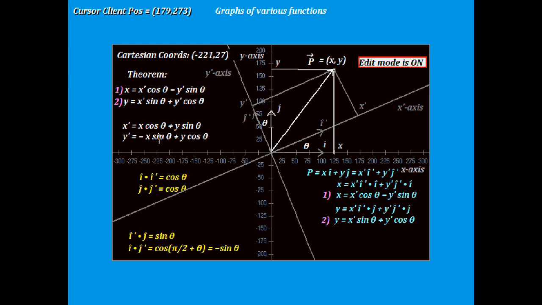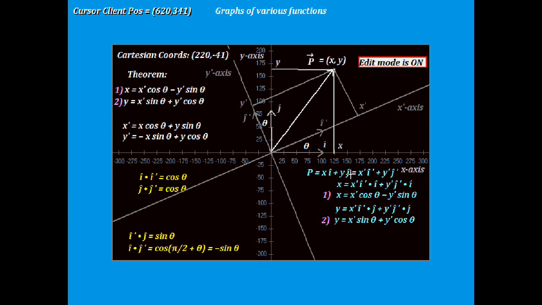Well, look at that. Oh, wait a minute. J prime. Oh, that's for the y. So that's correct. See? Multiplied by j prime, this one disappears. You get y prime equals minus sine theta times x plus y cos theta.